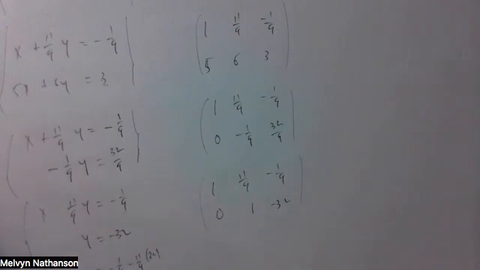So if I do my arithmetic, 11 times 32 is 352. If I add 1, I get 353 over 9.